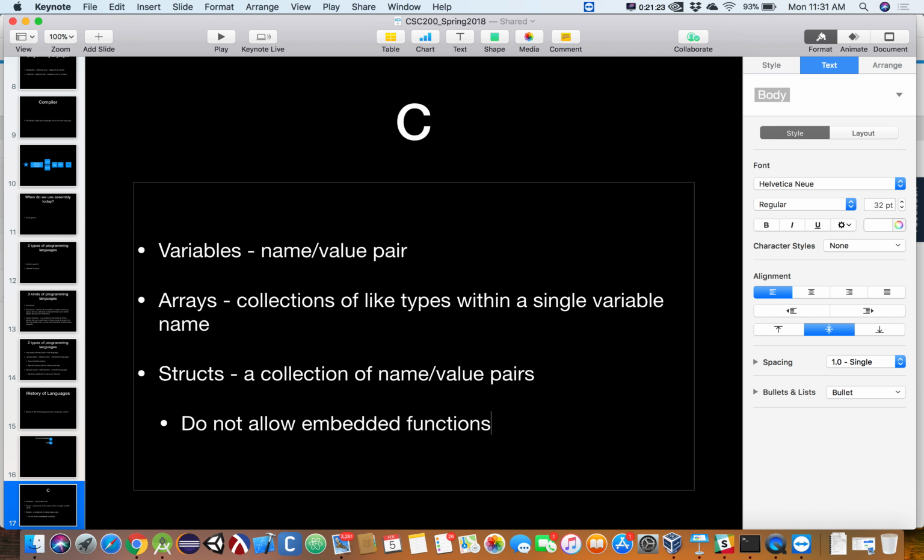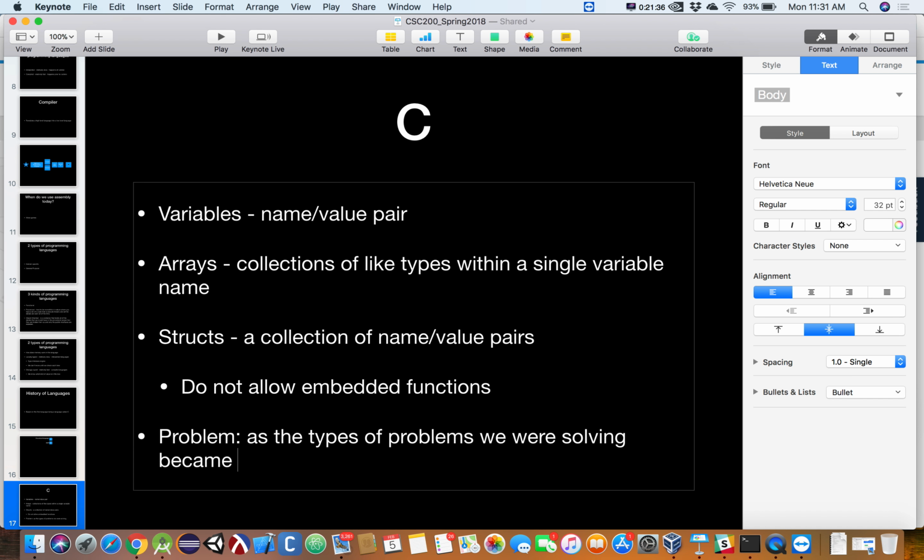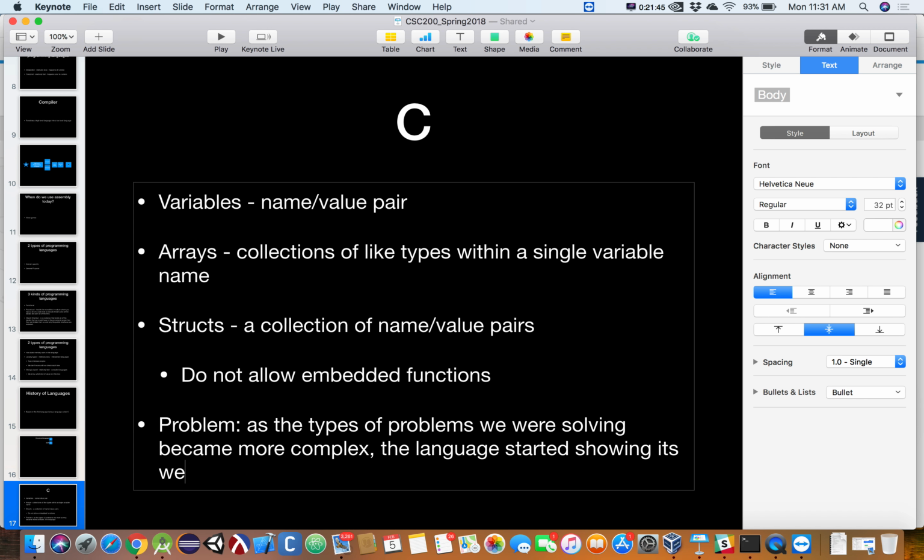All right, so what we're going to do is say, what's the problem here? The problem with C. As the types of problems we were solving became more complex, the language started showing its weaknesses. And this kind of goes back to this example of the telephone that looks like the pile of wires versus a telephone that looks like a telephone.